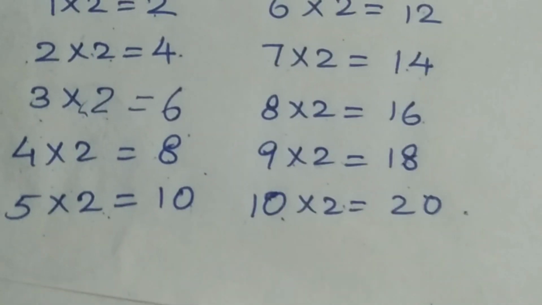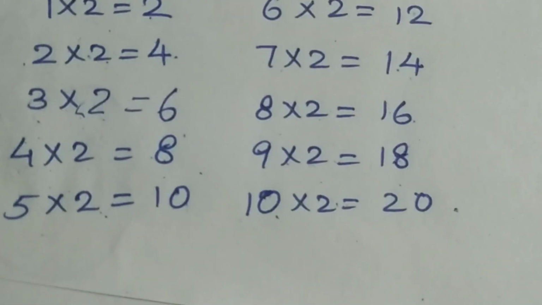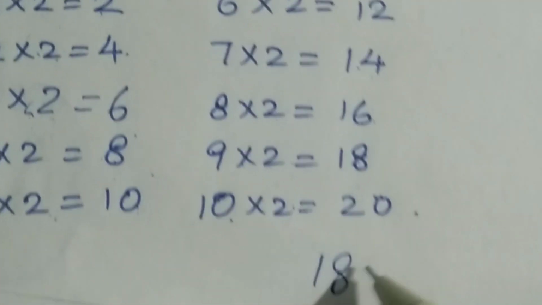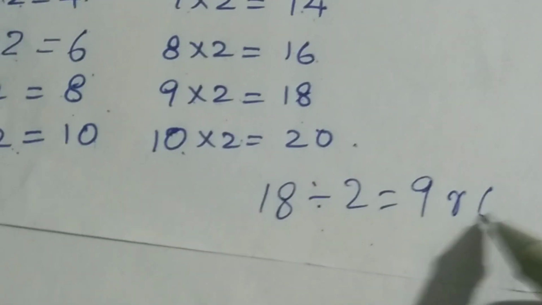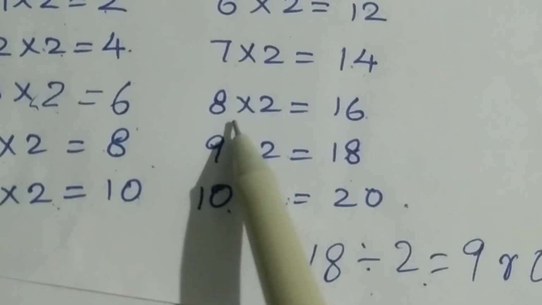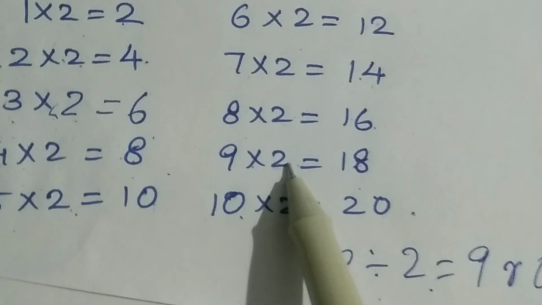So we can divide each even number by 2, exactly. So 18 divided by 2 is equal to 9 remainder 0. So we know that 18 is present in the multiplication table of 2. Clear for you?